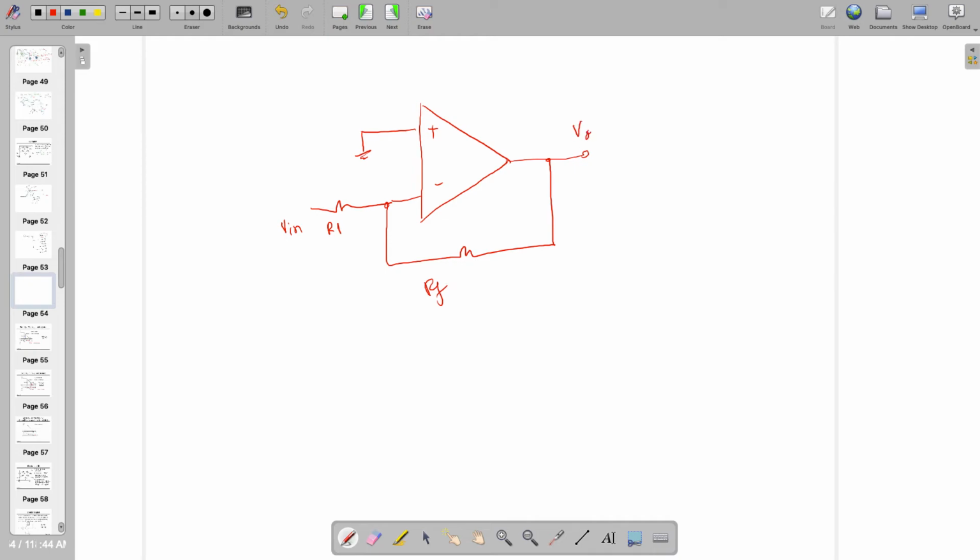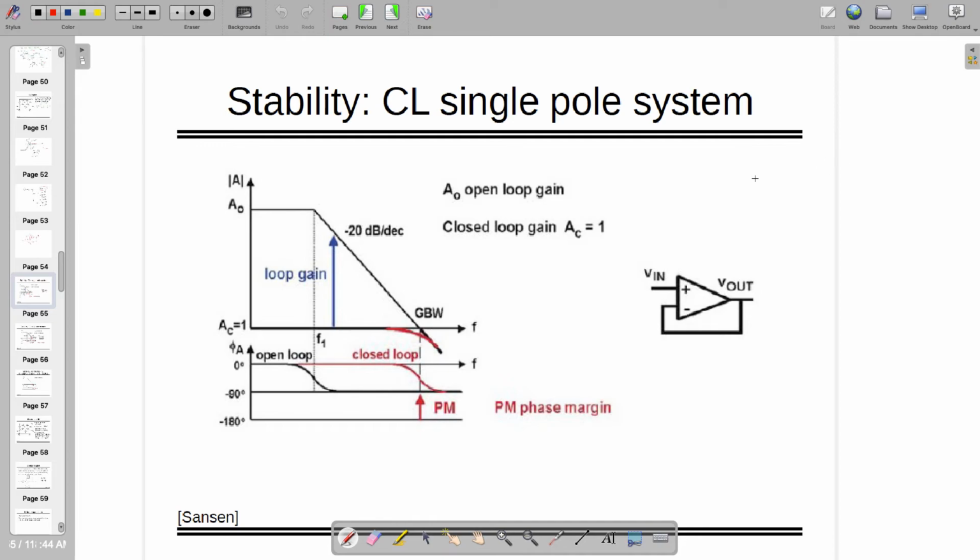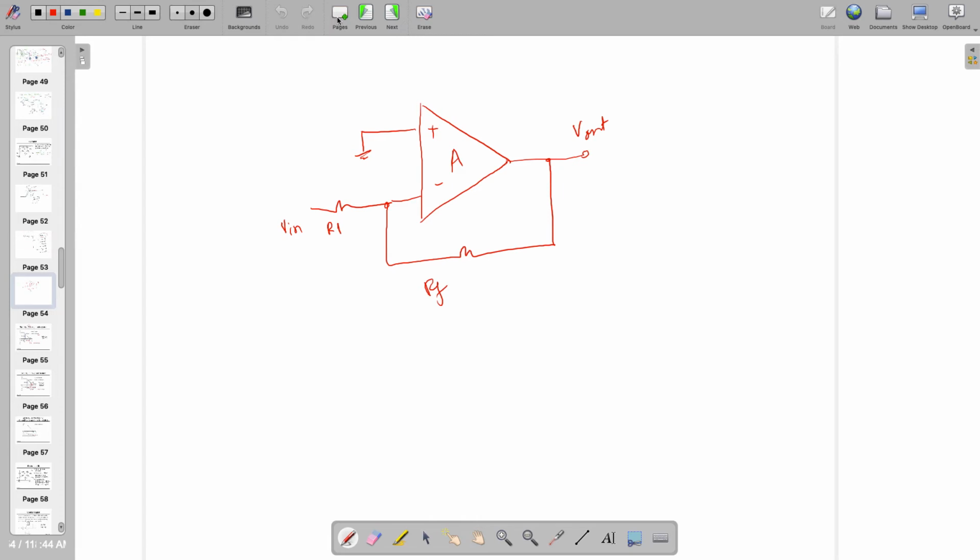So V out by V in is minus RF by R1 as long as gain is infinity, right? We want to make such a structure from the study which we are doing. When it's in closed loop with unity gain, what is going to happen? Let's assume that Rf by R1 is 1.